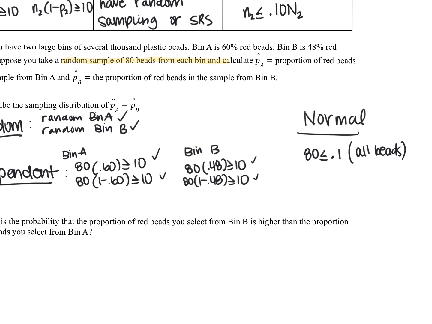Now we know from the problem that there are several thousand plastic beads in each of the large bins. And if I multiply 80 by 10, I get 800, which is definitely a lot smaller than several thousand. So that condition is met as well.